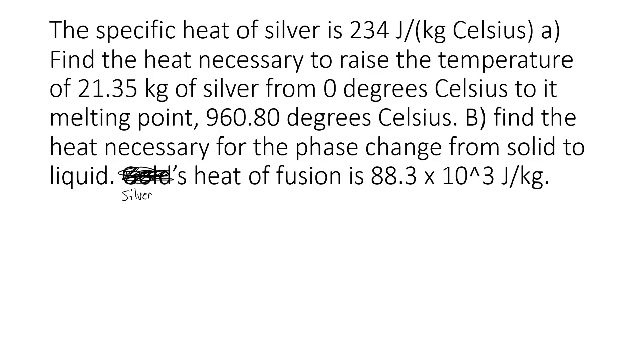So what we're going to do here is start with the specific heat of silver, 234 joules per kilogram Celsius. I have 21.35 kilograms, and I am changing it 960.8 degrees Celsius.